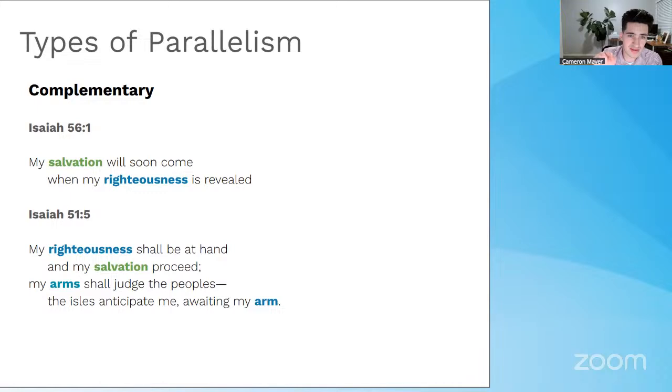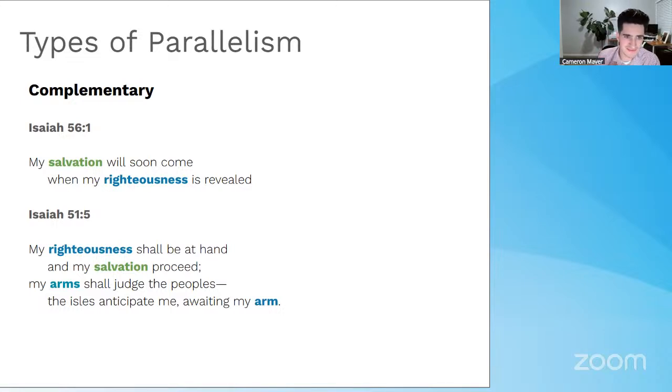The same way that John the Baptist is a forerunner to Jesus, right? There's a similar sort of pattern or relationship going on there. So righteousness precedes salvation. That's what we're reading. And so these are complementary in that they're related to each other. You can define the meaning of the one or the other based on the way they're paralleled.